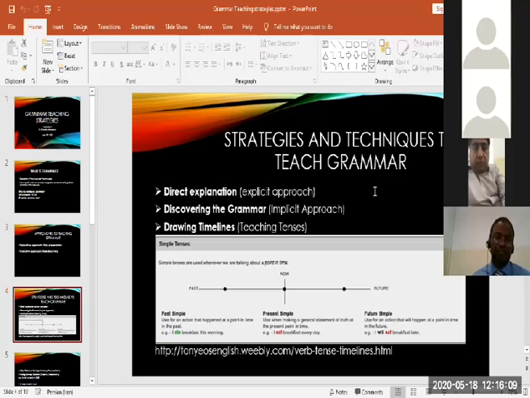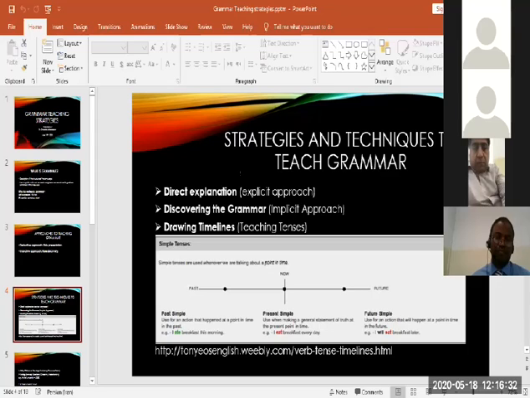So you all have these experiences of teaching grammar. I'm going to just remind you or refresh your memory of some of the strategies. Most of them you may know, but some of them might be new for you. So it's a kind of attention raising or consciousness raising about these strategies. Let's go over them one by one.